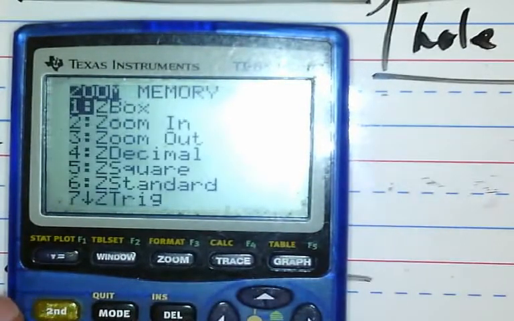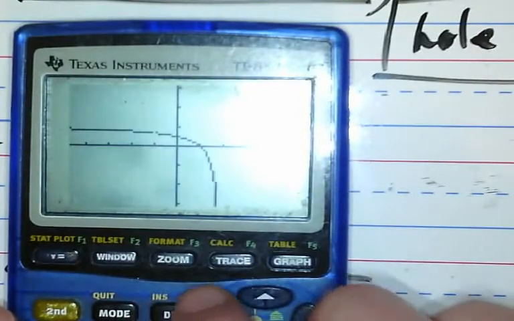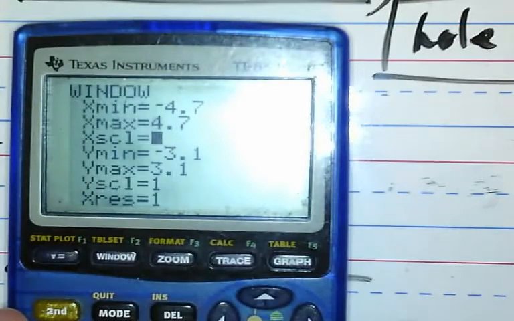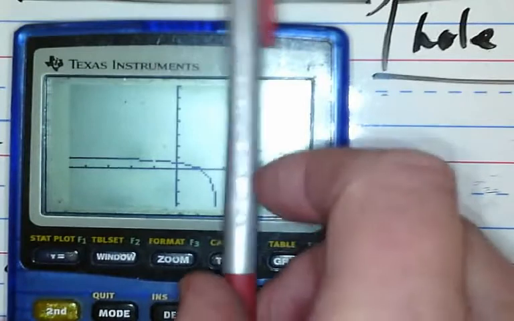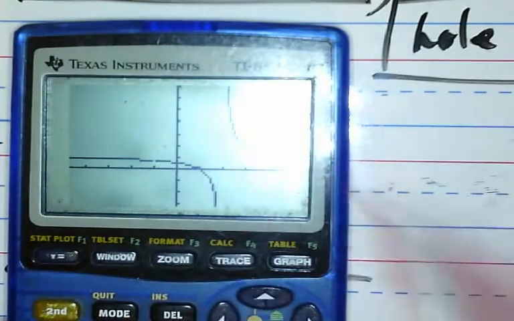Let's zoom in, and let's look. Let's make it a little bit taller. Okay, so you can see that there's an asymptote right there, right? 2 is the asymptote.